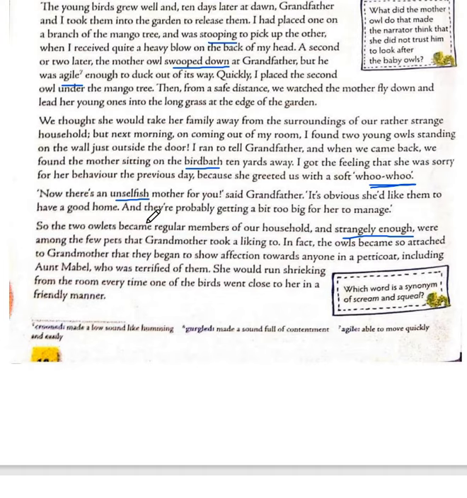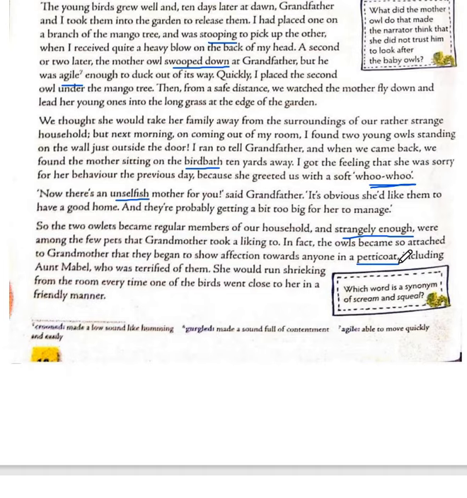So the owls became so attached to grandmother that they began to show affection towards anyone in a petticoat. A petticoat is a frock or a gown kind of dress which the women or female members wear.